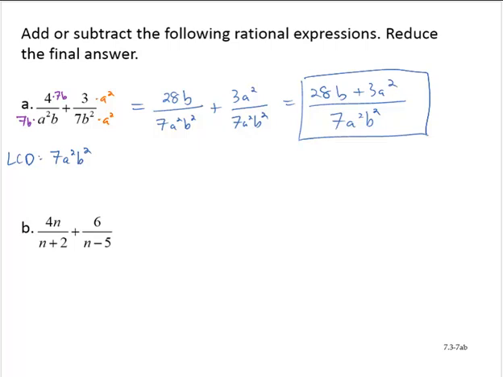Exercise B. 4n over n plus 2 plus 6 over n minus 5. Since our denominators are already in factored form, the LCD can be simply written as n plus 2 by n minus 5.